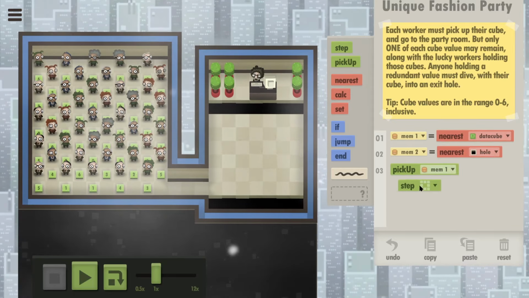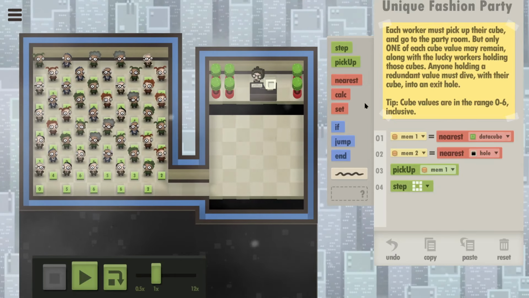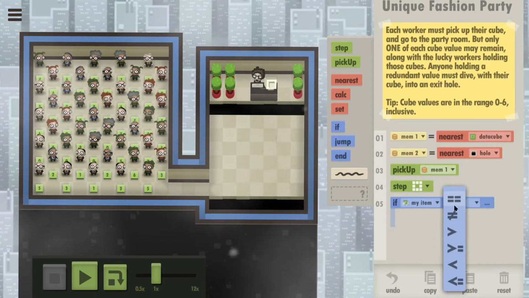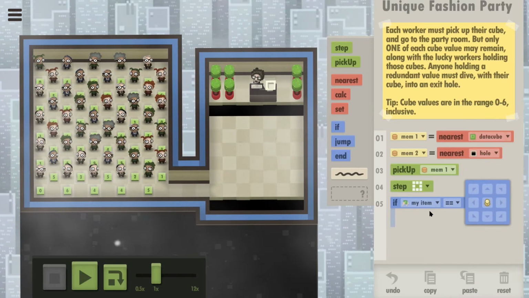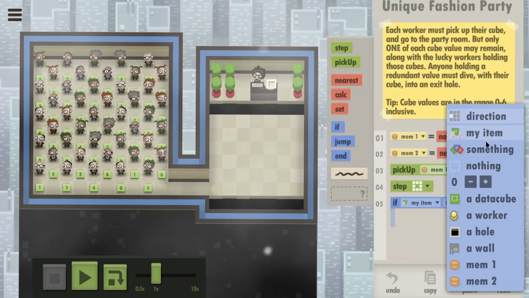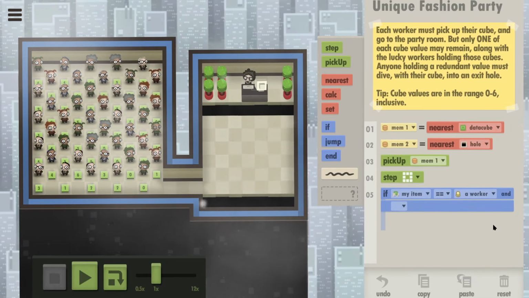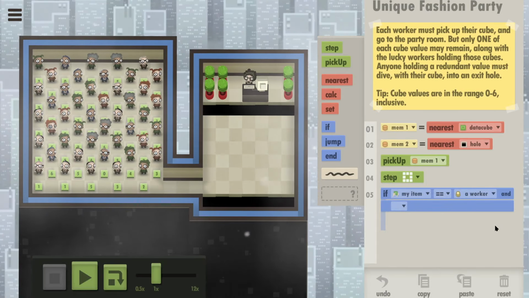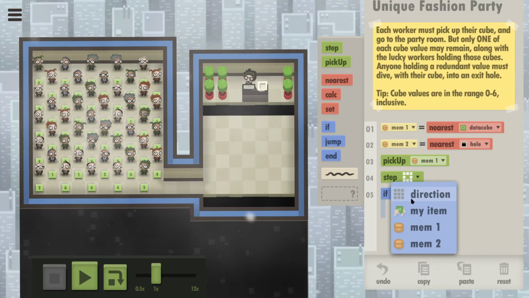I mean, just maybe what? Step any direction. If... That's all one instruction. There has to be an if in this.